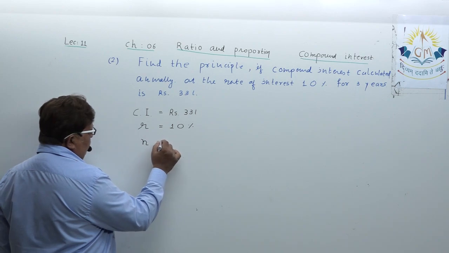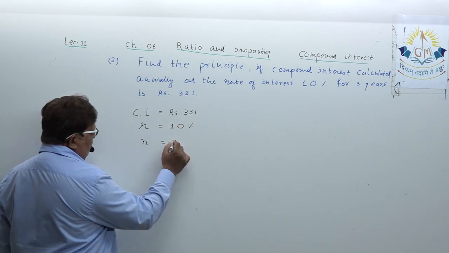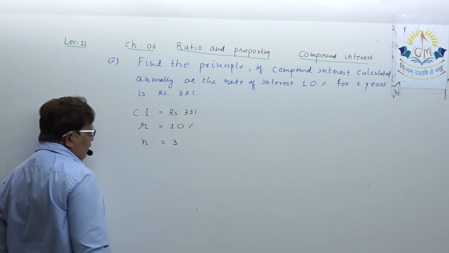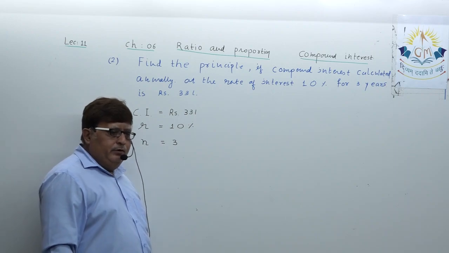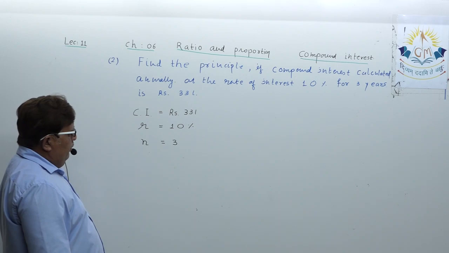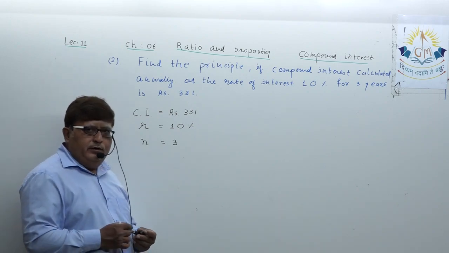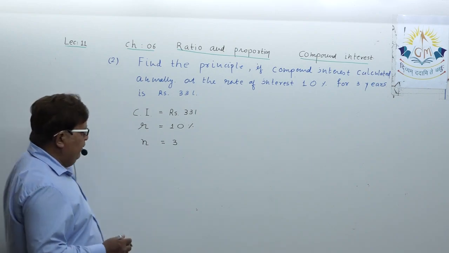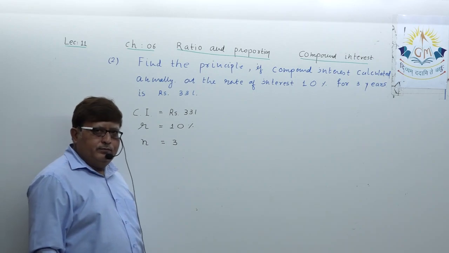You are also given, because it is compounded annually, n equal to 3. Number of periods are 3. After representing given data, dear student, just try to understand. This is the first step.